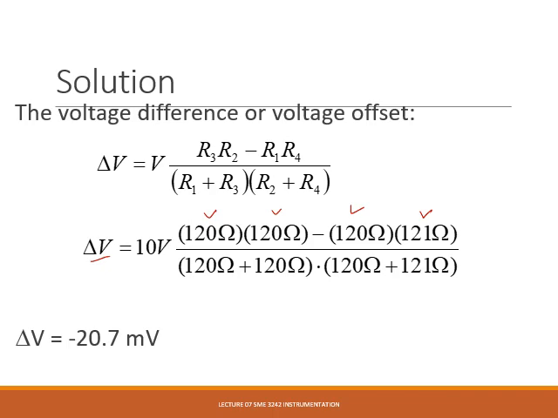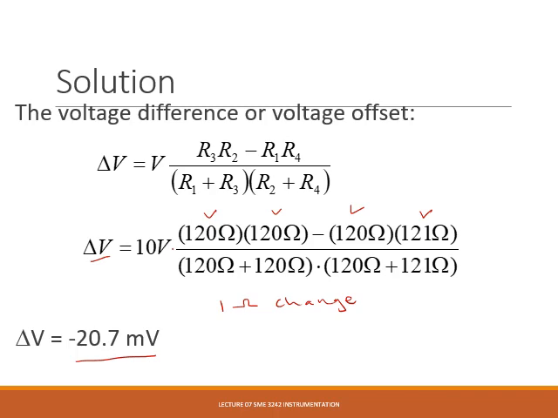Putting the values into the equation, calculating and multiplying with the 10 volt power supply, the output is minus 20.7 millivolt. So we can see here that only 1 ohm change gives the Wheatstone bridge an output of minus 20.7 millivolt.